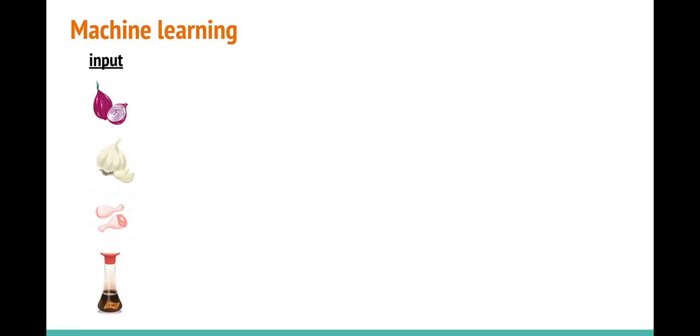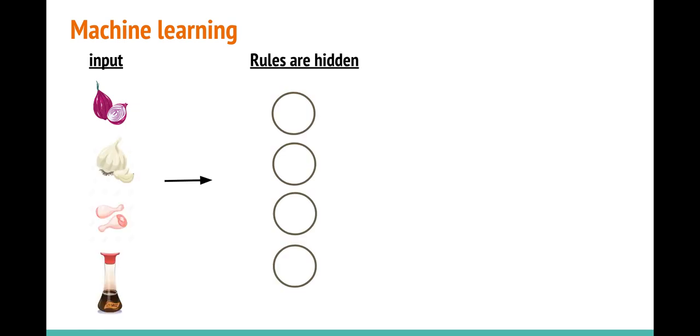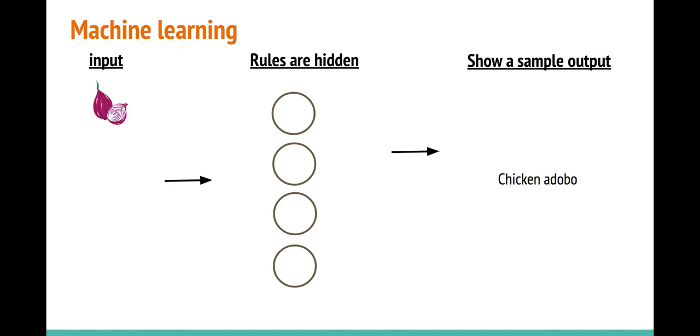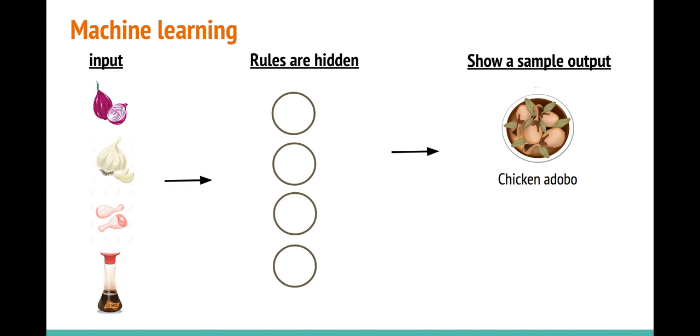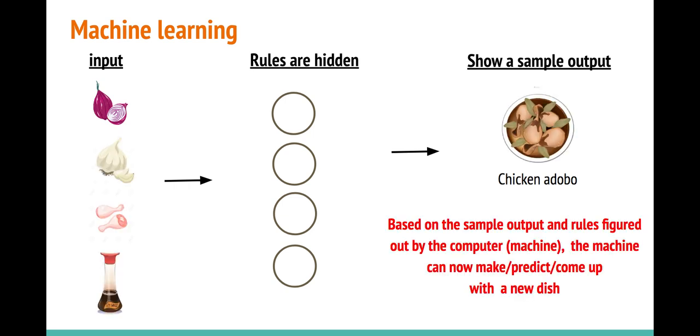All right, so let's go back here. For machine learning, this is the input. We have our ingredients, the onions, garlic, soy sauce, and the chicken. The rules, however, are hidden from the computer, from the machine. As a programmer, you just show a sample output to the computer, which in our case is chicken adobo.